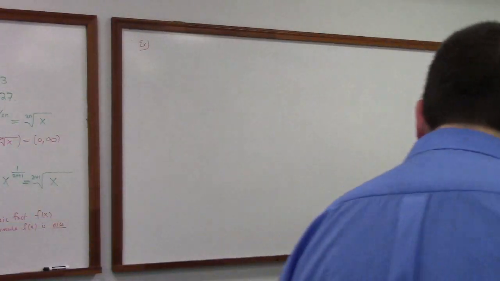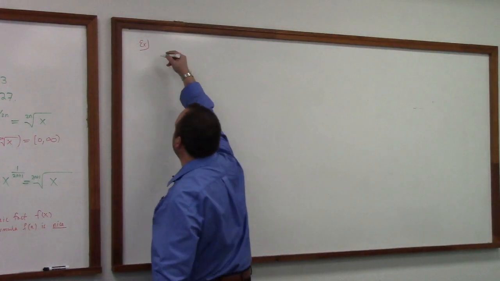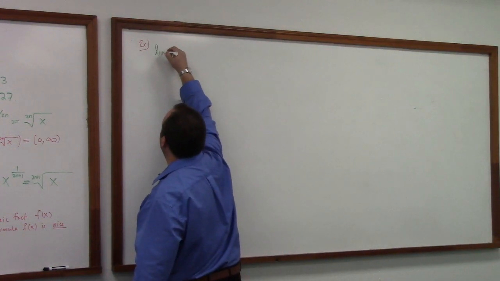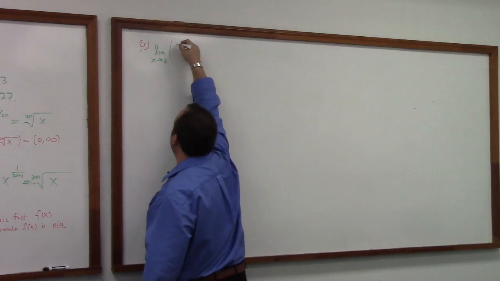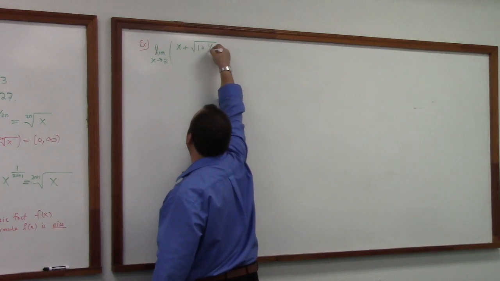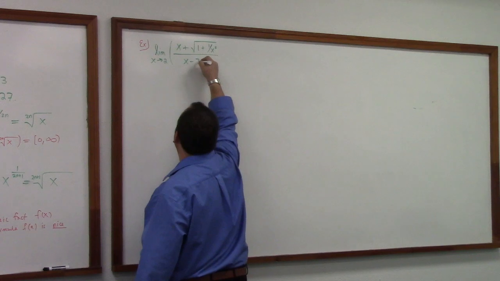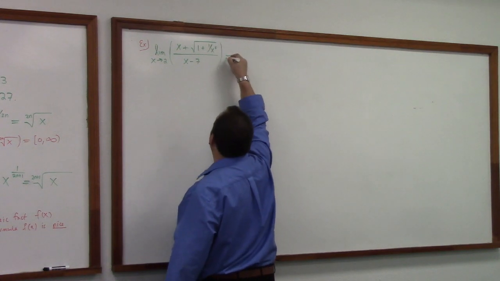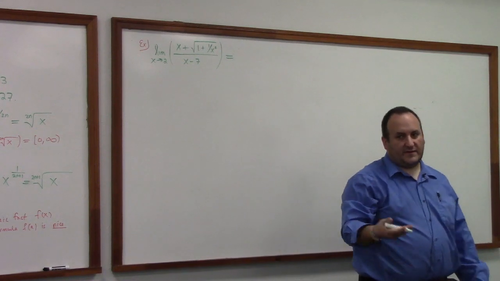So a specific example would be something like, let's calculate the limit as x goes to 2 of x plus the square root of 1 plus 1 over x squared, over x minus 7. So the formula I just wrote is an algebraic formula.